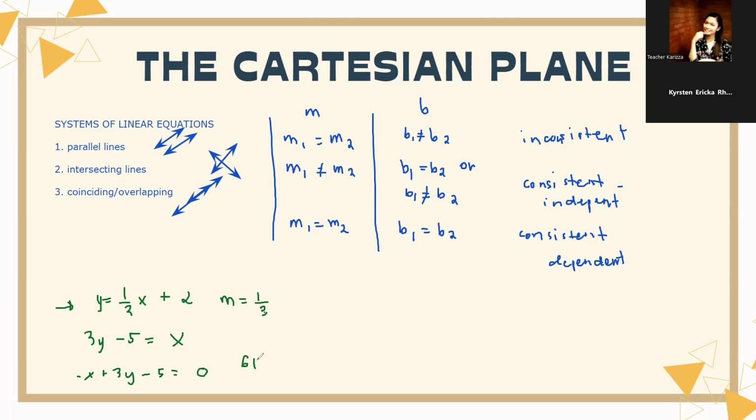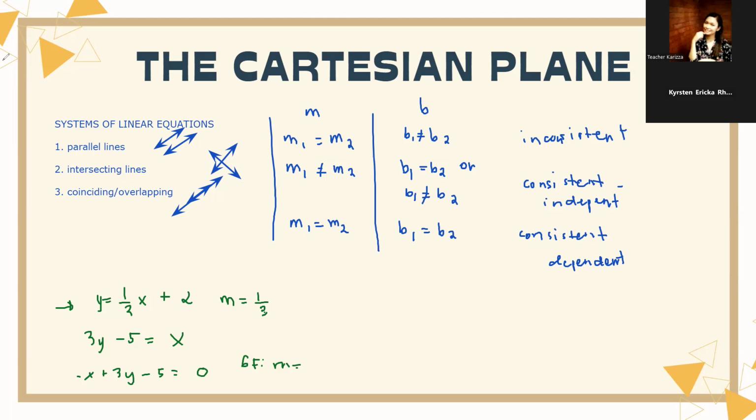Again, when your equation is in general form, your slope is solved using a over b. Pwede rin naman.